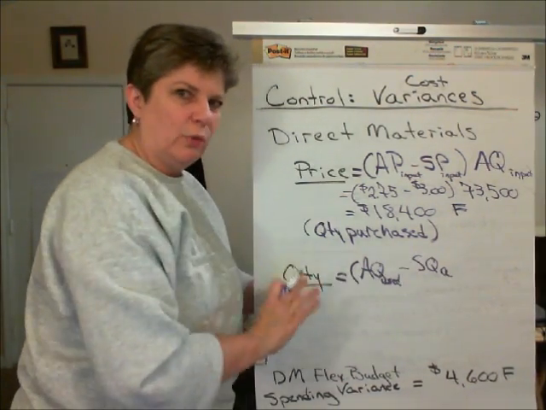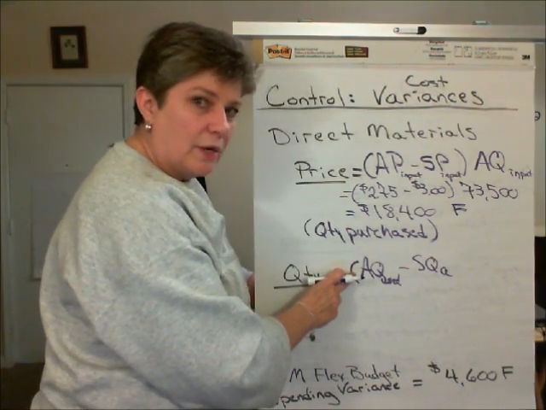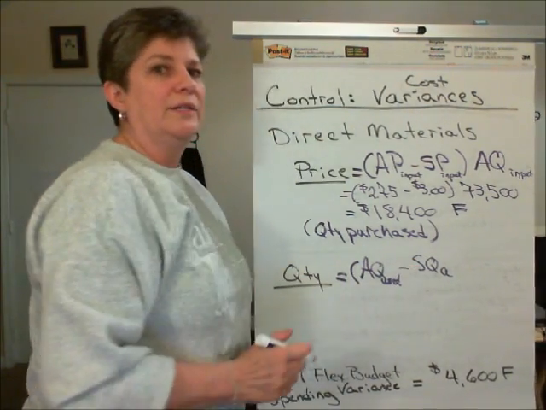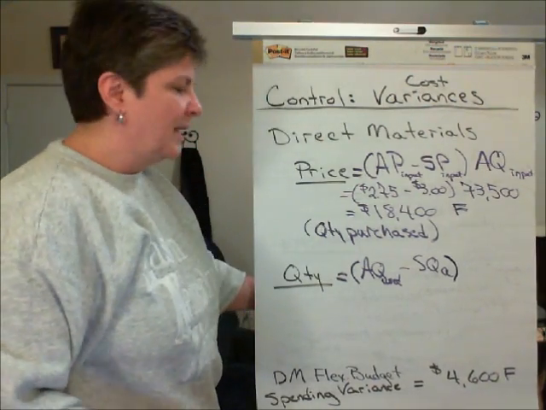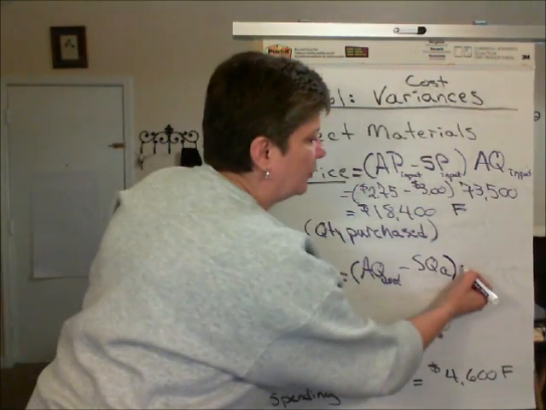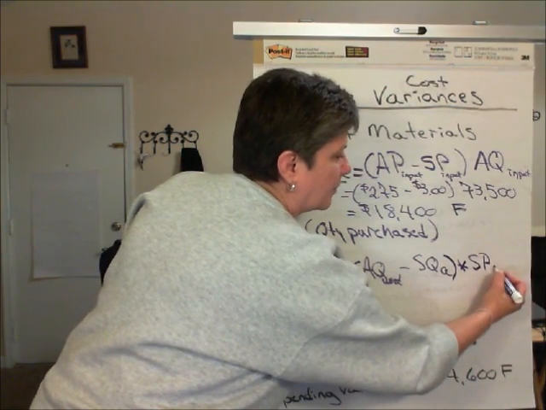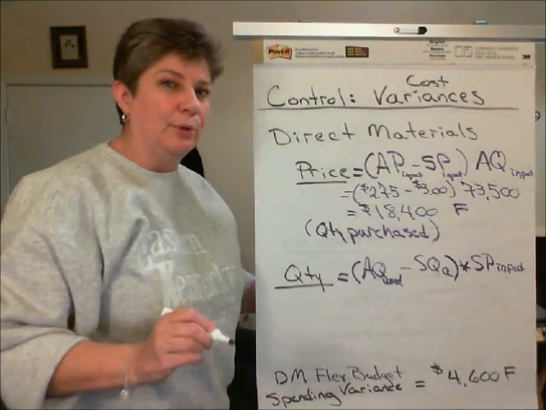But let's finish out the formula setup and then we'll do that calculation. So actual quantity of the materials used minus the standard quantity of the materials allowed for actual output. And then to total it out, we'll multiply that times the standard price of the input of the materials.